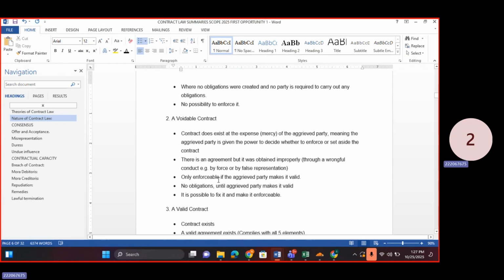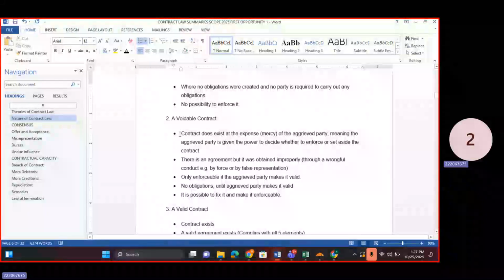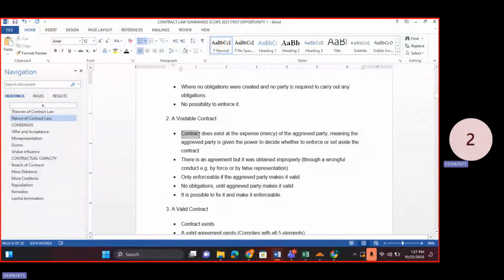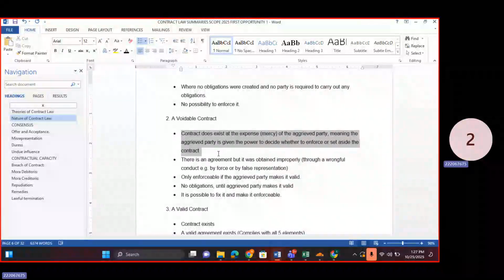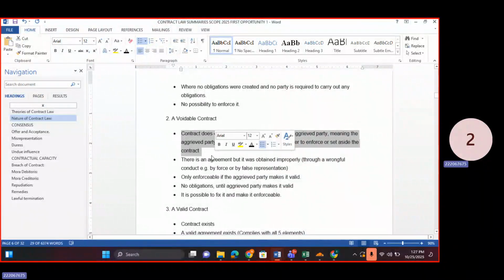Okay. And then we move to avoidable contract. Avoidable contract says that a contract does exist at the expense of the aggrieved party, meaning the aggrieved party is given the power to decide whether to enforce or set aside the contract. This is the only one that says it's possible to fix it and make it enforceable.